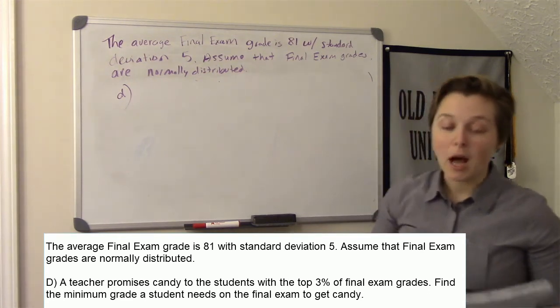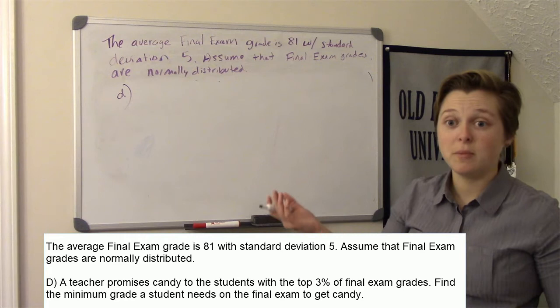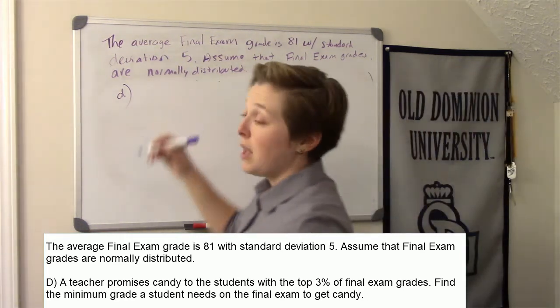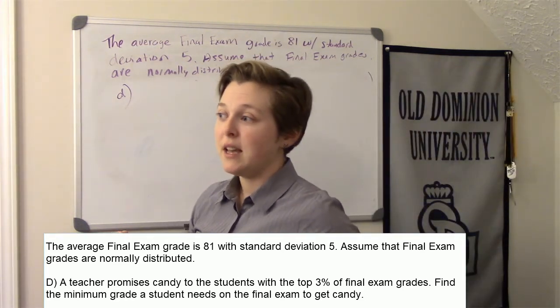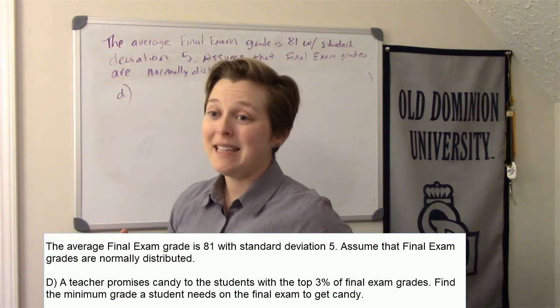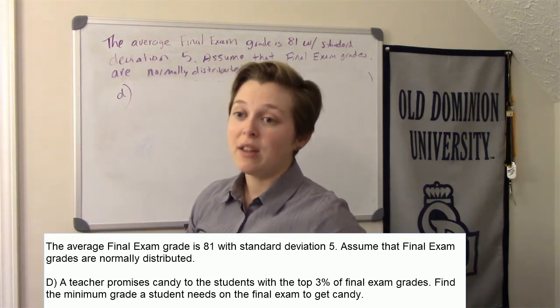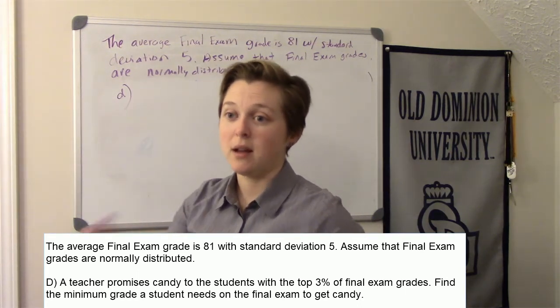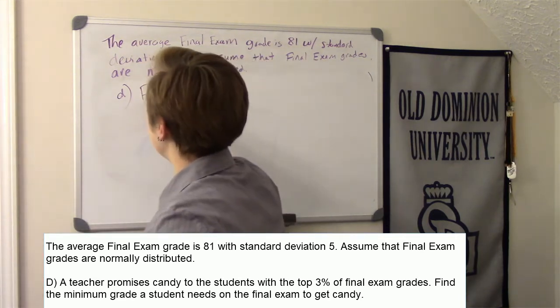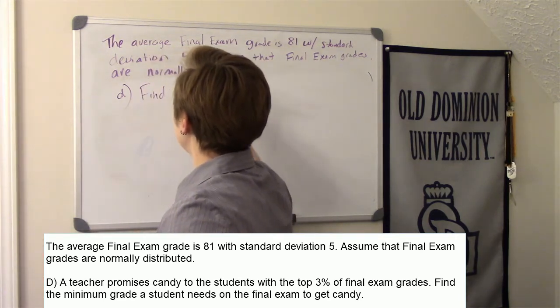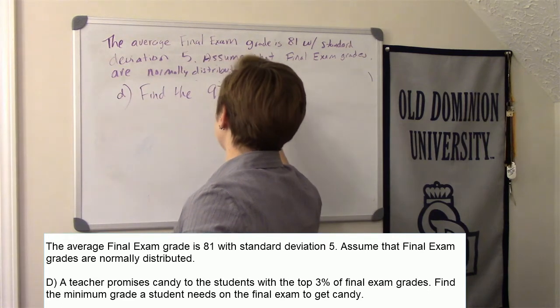So find the top 3% of this distribution, basically. In other words, you could have said find the 97th percentile. That's the same thing as finding the top 3%. So I'll write that down here. Find the 97th percentile.